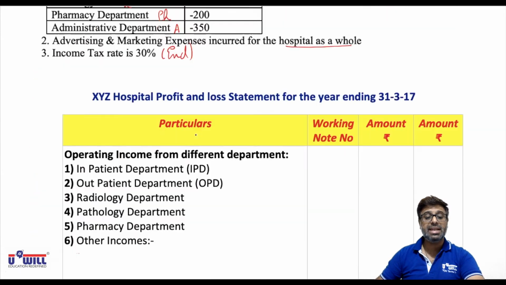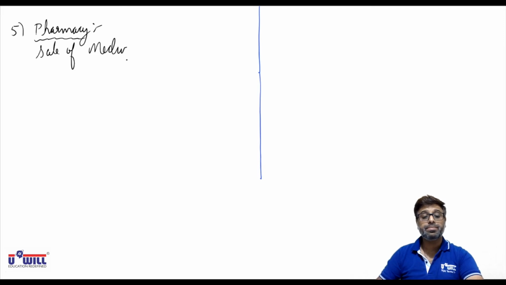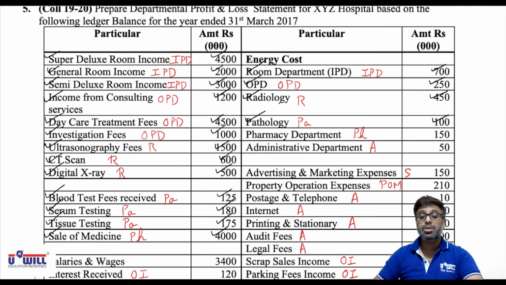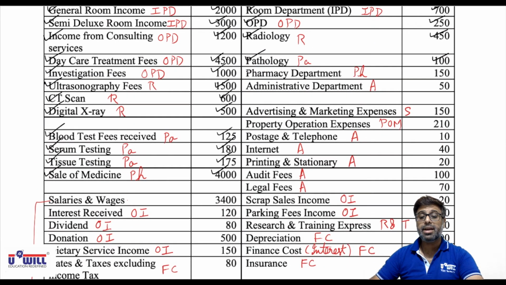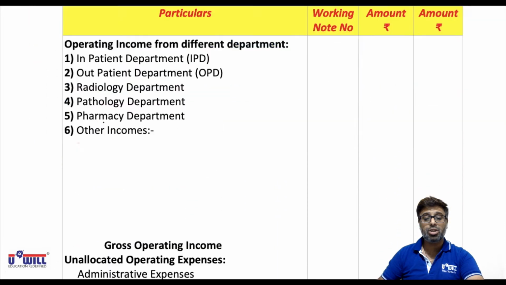Only one income is there in pharmacy always, that is sale of medicine 4,000. Then after sale of medicine, directly we have to subtract the expenses. So pharmacy expenses, energy cost is 150.